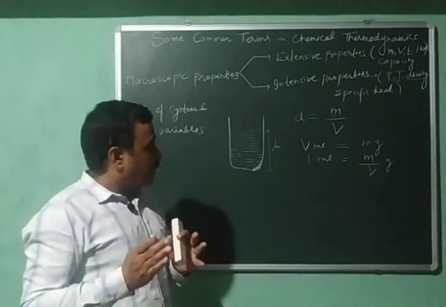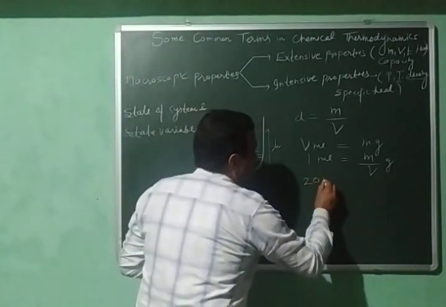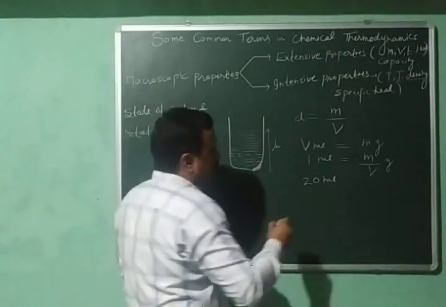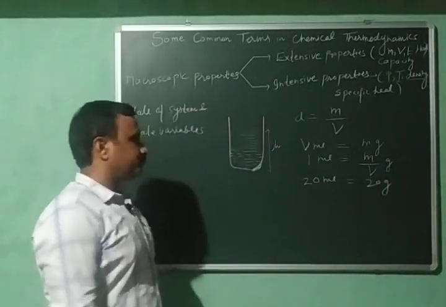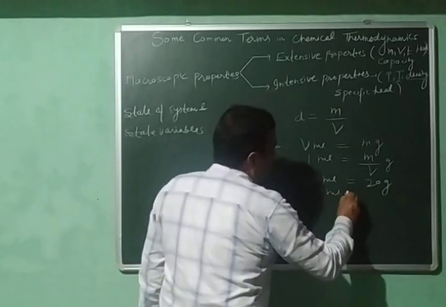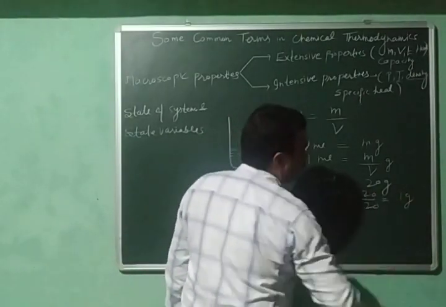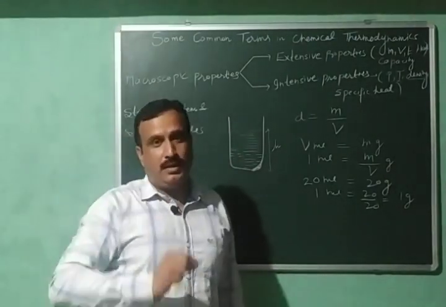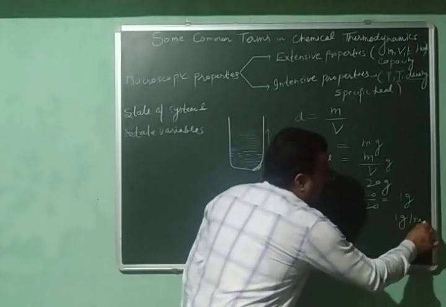Suppose again I have water and the volume of water is 20 ml and the weight of that water is 20 grams. Then what is the weight of 1 ml? That is 20 divided by 20, equal to 1 gram. So the density of water is 1 gram per ml.